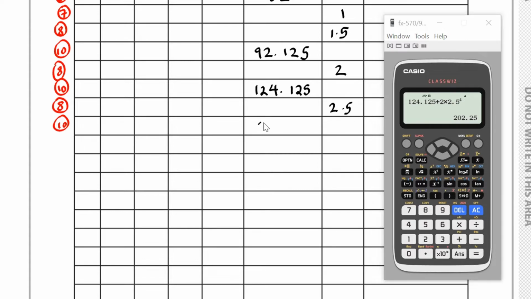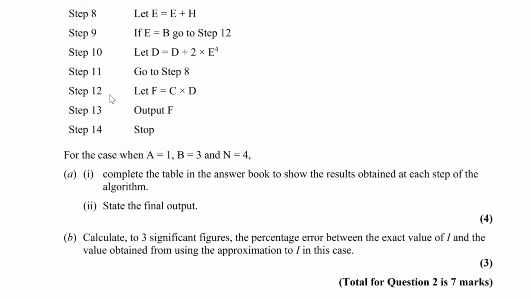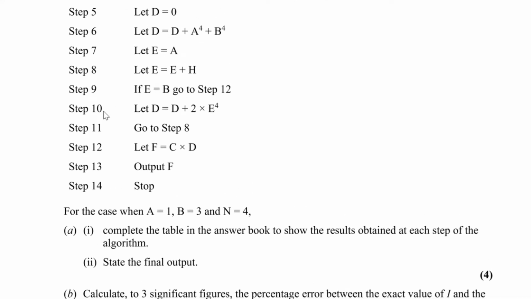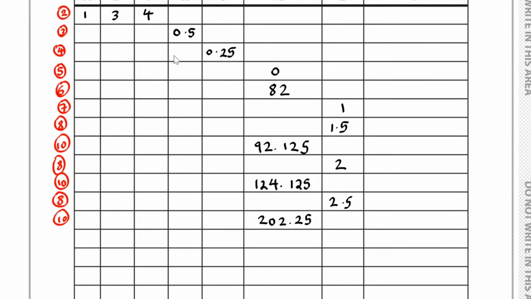So we have 202.25. So after step 10, we go to step 11, where we go to step 8, where we let e equal e plus h. So we have 2.5 plus 0.5, which is 3.